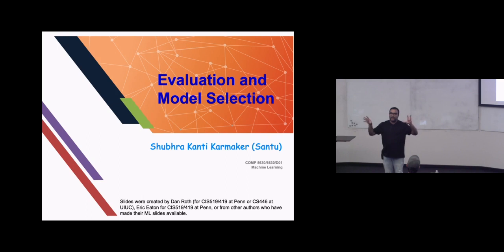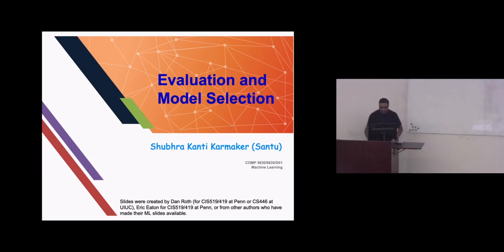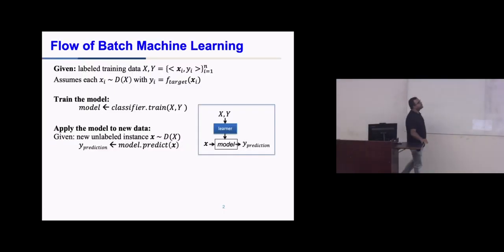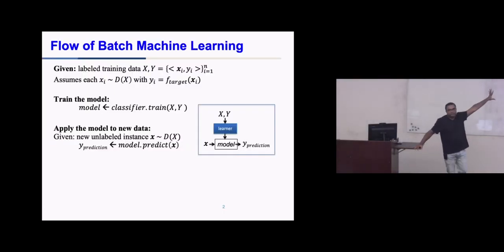So is that idea clear? What is batch machine learning? We are going to mainly talk about evaluation in this batch learning setup. So in batch learning, you have some training data consisting of X and Y. What is Y?